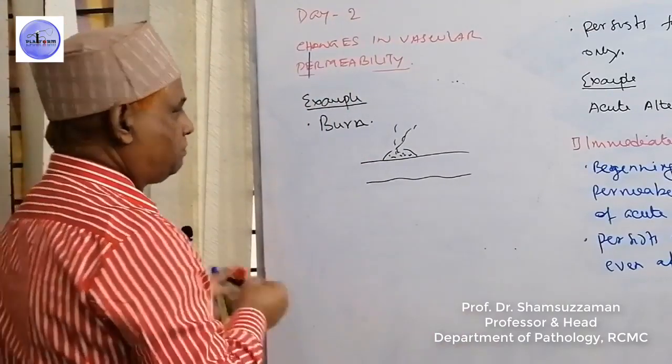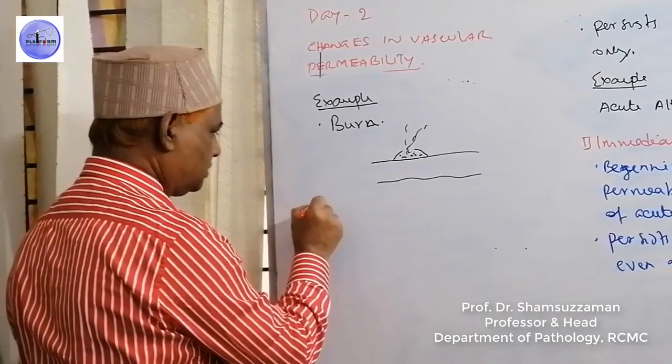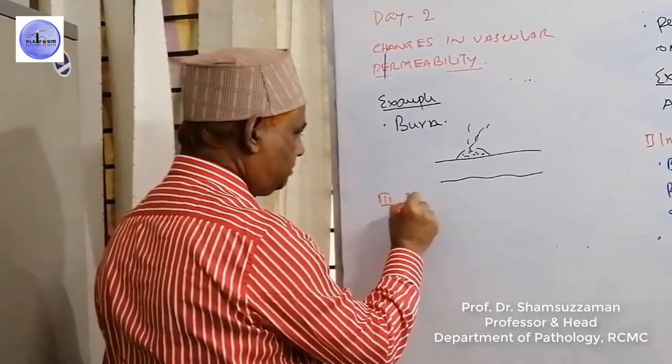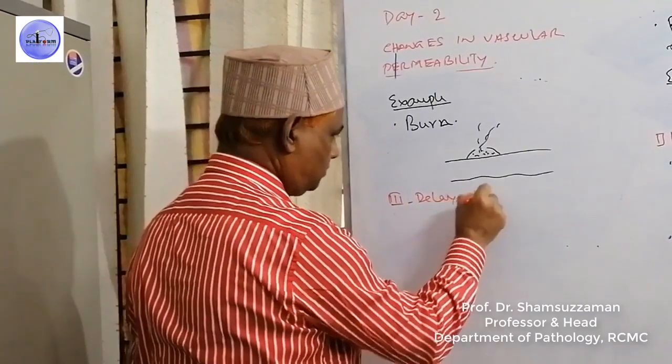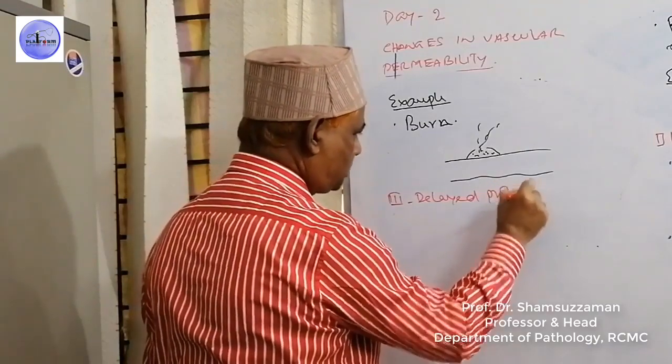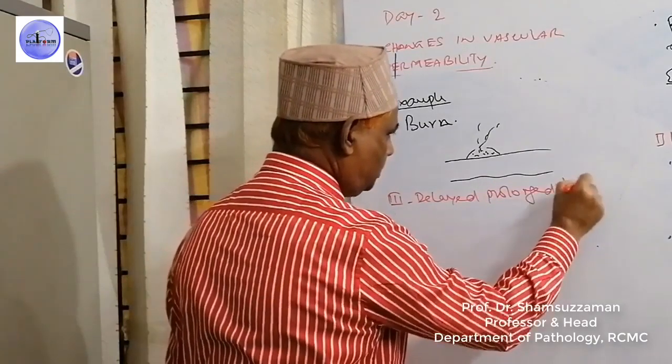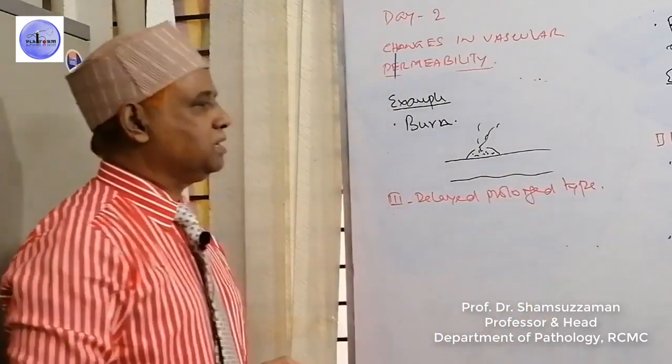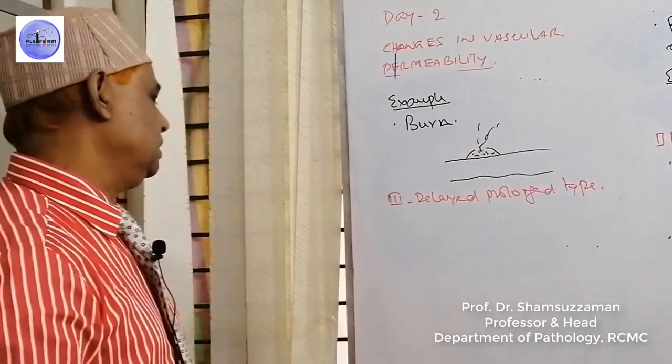Number 3, delayed prolonged type of increased vascular permeability. What does it mean?